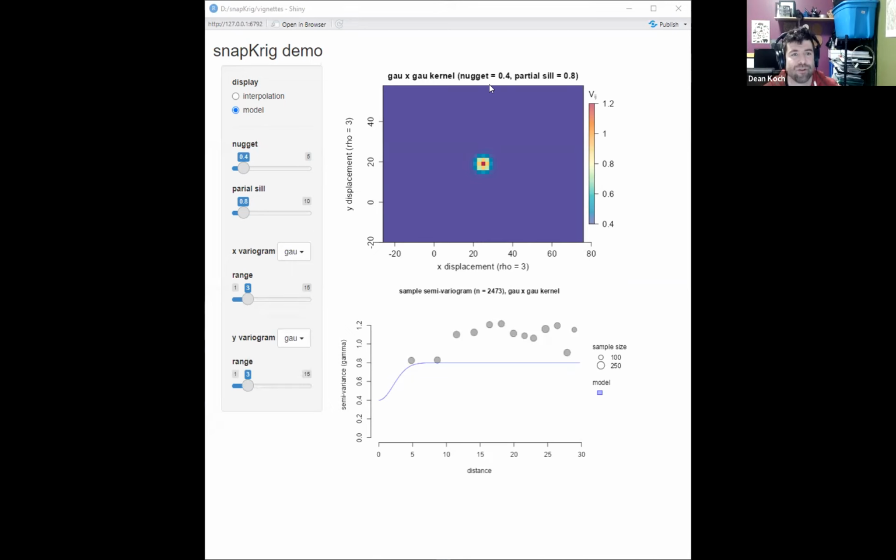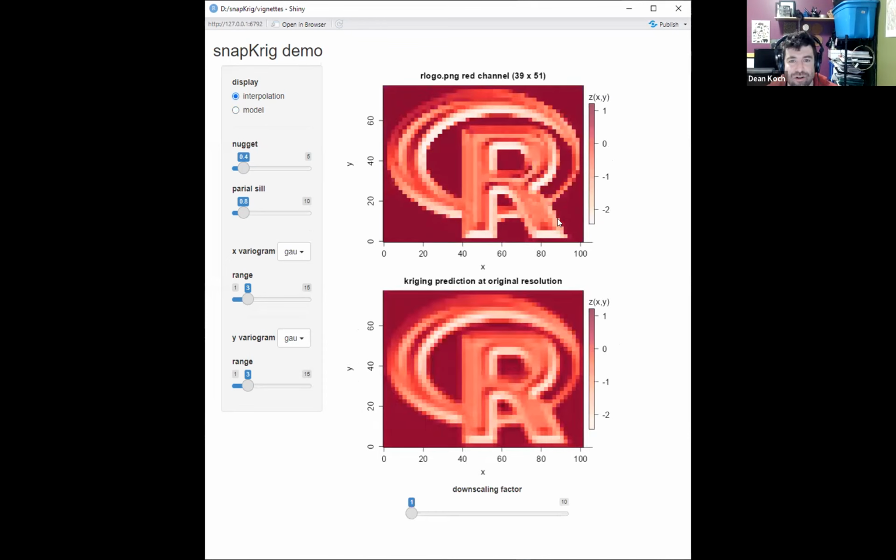Okay, so what I'm doing here is I'm taking the R logo, just a PNG file, just an image at a certain coarse resolution, and I'm downscaling it by a certain factor. So I can turn this up to, say, 8 times.